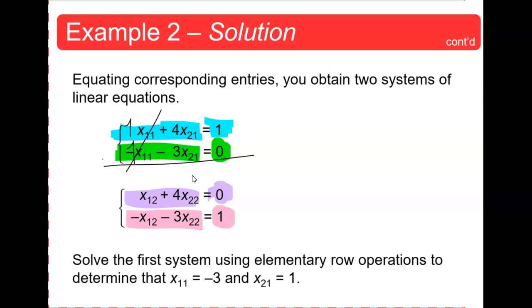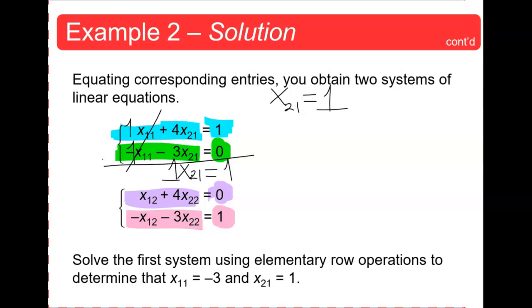Then if we add them, we will have 4 minus 3, so that is a 1. That's a coefficient, 1 x sub 2,1. 1 plus 0 is 1. So the variable x sub 2,1, meaning second row, first column, is going to be equal to 1.